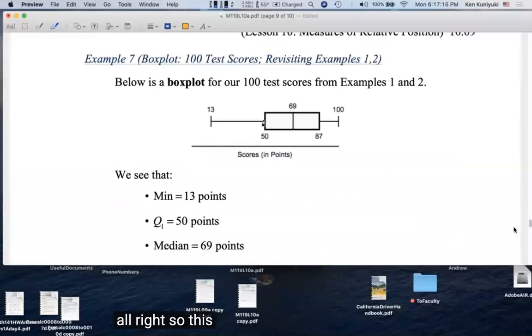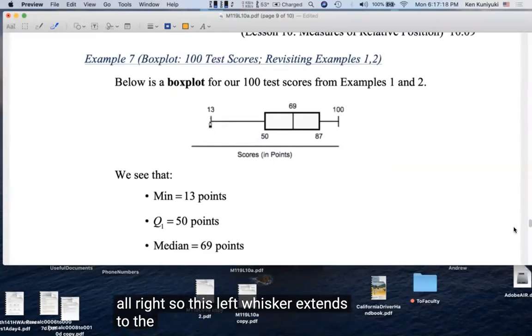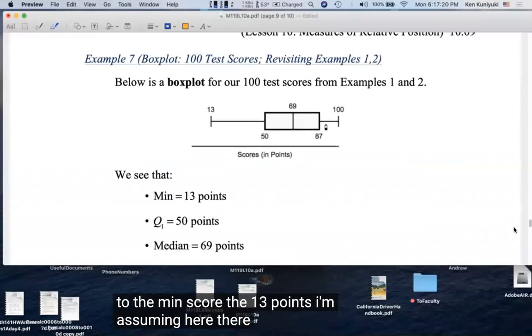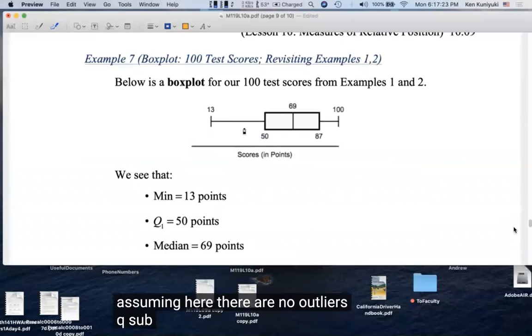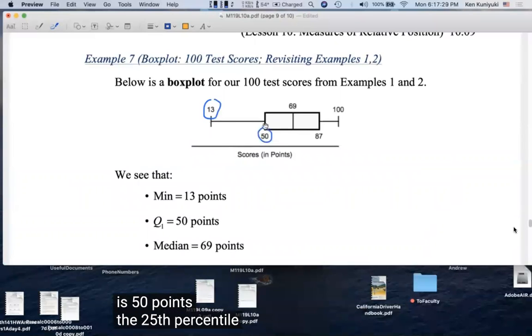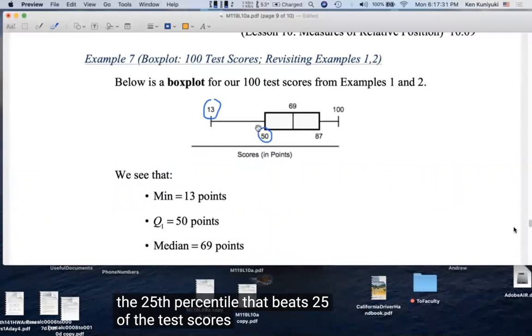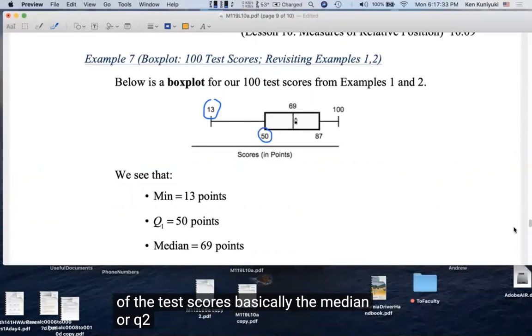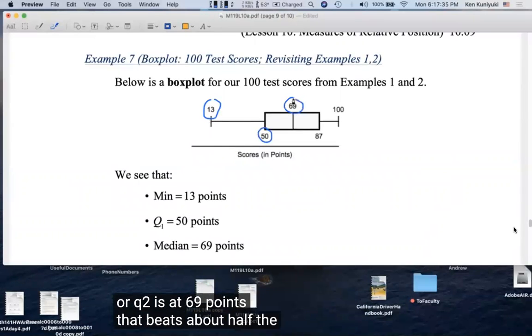All right, so this left whisker extends to the min score, the 13 points. I'm assuming here there are no outliers. Q sub 1 is 50 points, the 25th percentile. That beats 25% of the test scores, basically. The median, or Q2, is at 69 points. That beats about half the class.